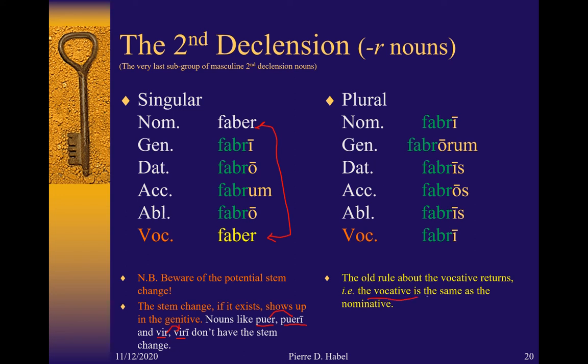The vocative is the same as the nominative when it comes to these ER nouns like faber and puer, and the IR noun, vir. So the great thing is, for these nouns, even though you may have to worry about a stem change in the other forms, like we see over here, the old rule about the vocative being the same as the nominative comes into play.